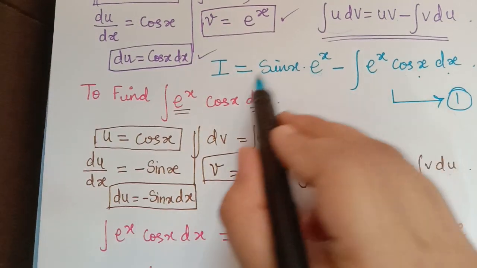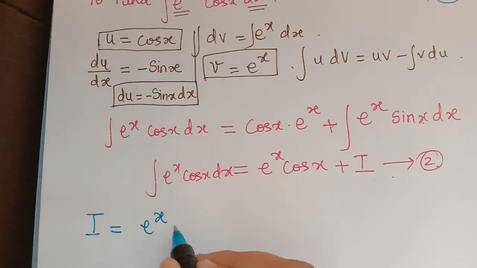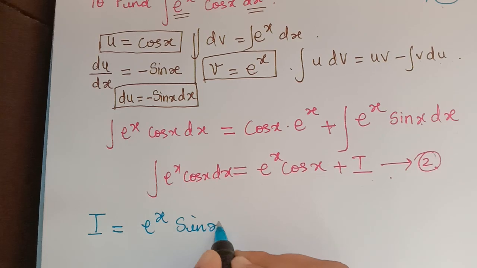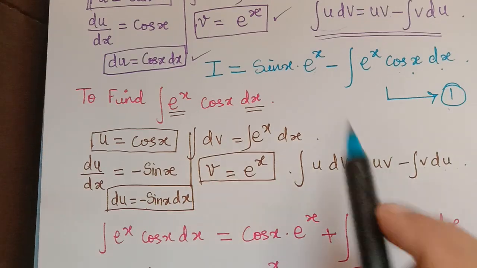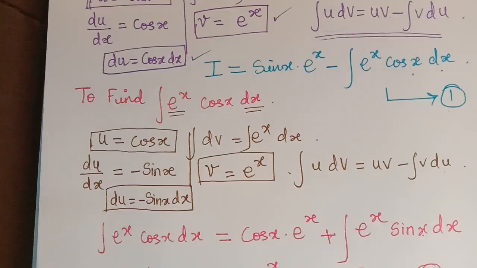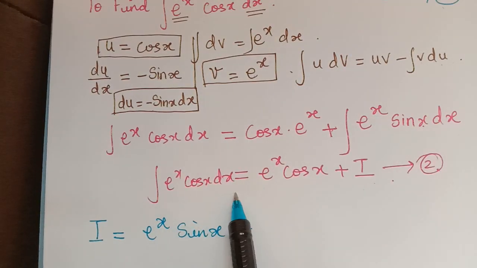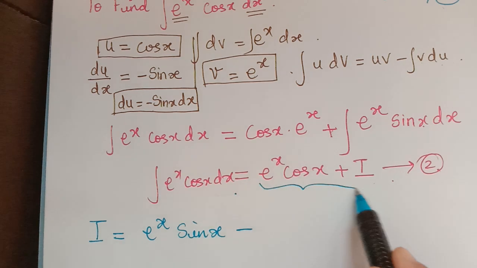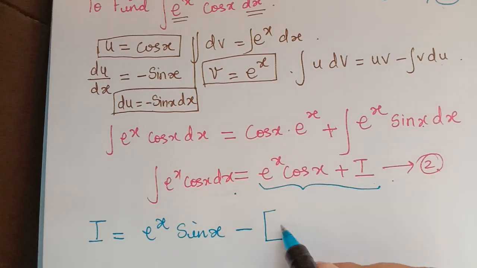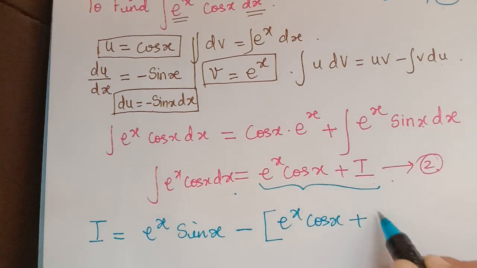This we can write as e power x sin x. And then what we have? Minus. So minus this integral we have evaluated here. So this is the integral that we have evaluated and we have obtained as this. So that we will substitute. So minus e power x cos x plus I.